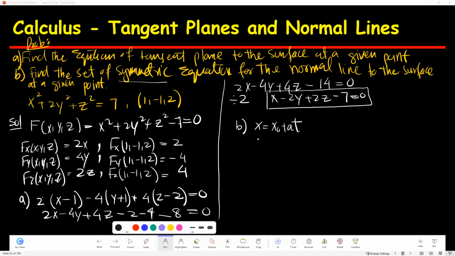And same thing, we're going to find y equals y naught plus bt, z equals z naught plus ct. Here a, b, c you can substitute from this, or you can consider a vector, maybe taking a point 0, 0, 0 and subtracting them, and you can find this and substitute the values so you can find the equation.